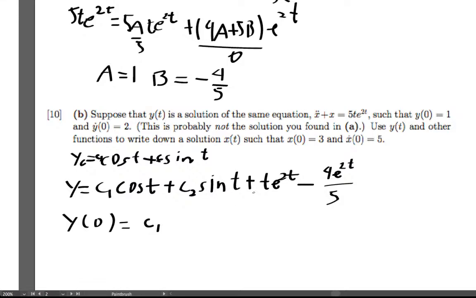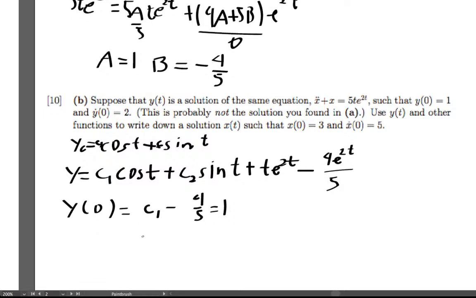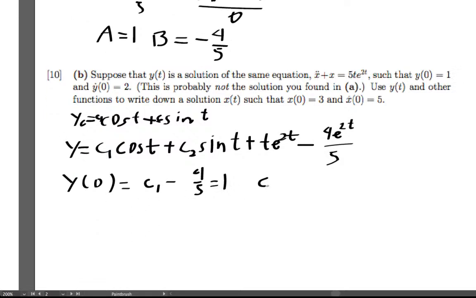And then t e to the 2t, that's 0. And then minus 4 over 5, e to the 0 is 1, so that's negative 4 over 5. Minus 4 over 5 would equal 1. So we figured out what c1 is pretty quickly. That would be 9 over 5.